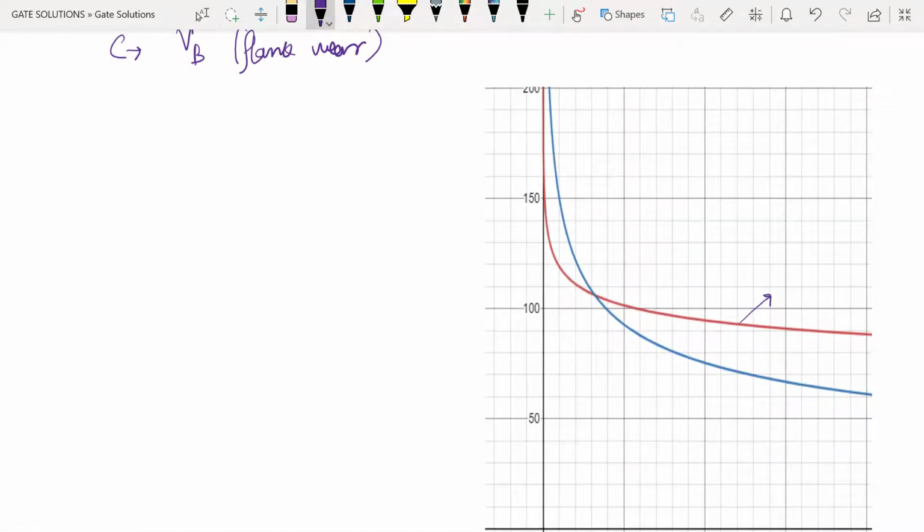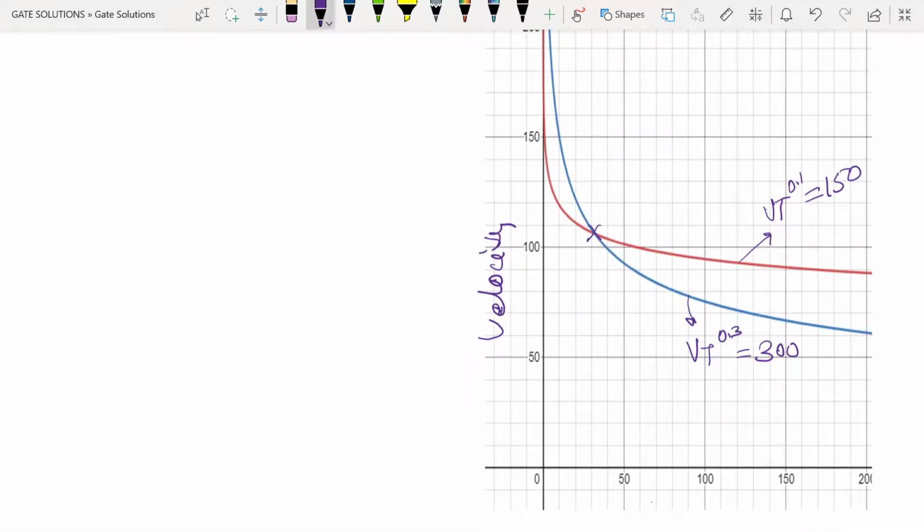This is the plot for tool 1, V T raised to power 0.1 is equal to 150, and this is the plot for V T raised to power 0.3 is equal to 300. So we have to find the break-even point. This is the velocity on y-axis, and on x-axis it is time. So we have to find this point.